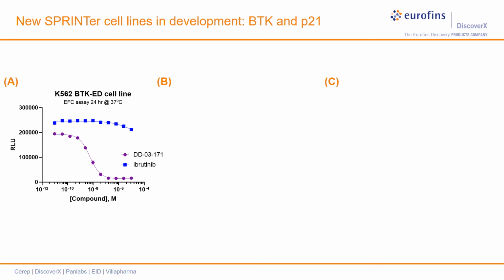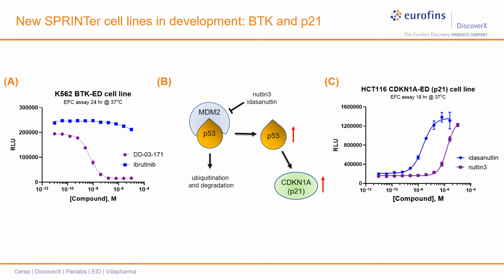One is a K562 BTK cell line with a great assay window shown here with the commercial PROTAC molecules. In addition, we have a p21 Sprinter cell line as a surrogate readout for p53 protein turnover.